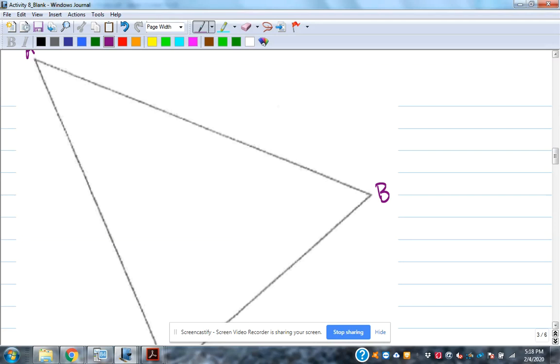What y'all get for angle B? The hole in the center of the corner. Line up with the edge. Or with the ray.